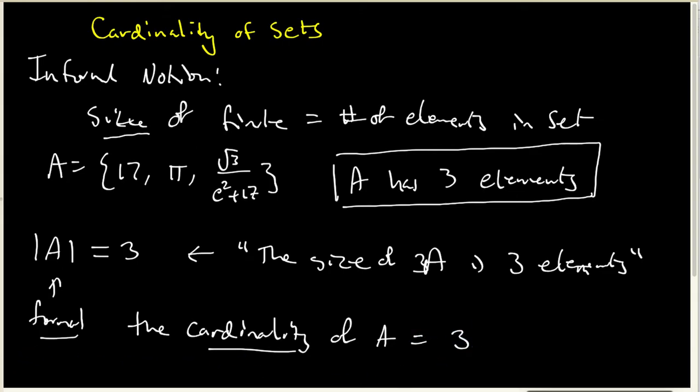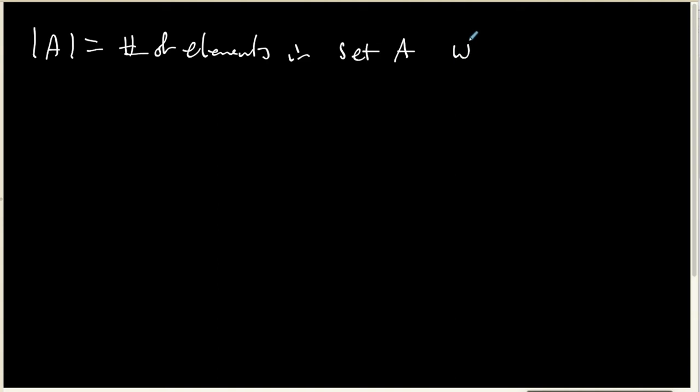So in the finite world, the cardinality of a set is just the number of elements inside the set A when A is a finite set. That does not work very well with infinite sets, and we'll look at that in just a few minutes.